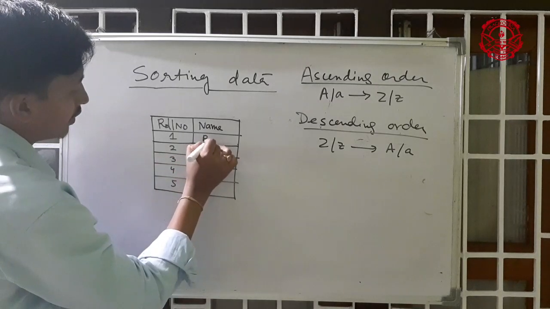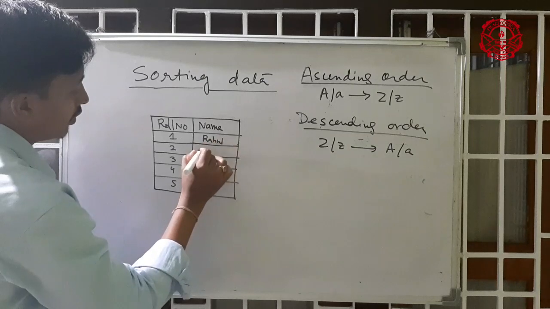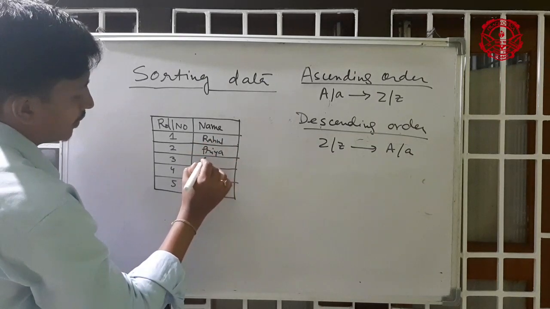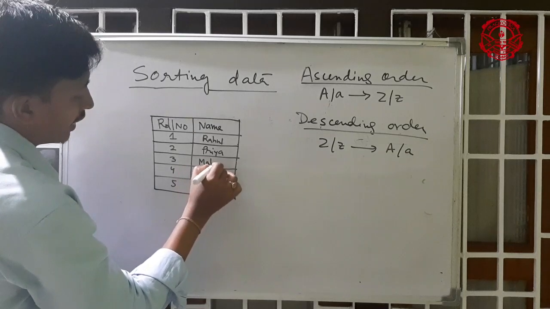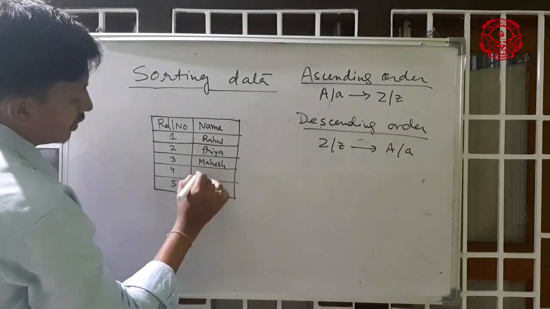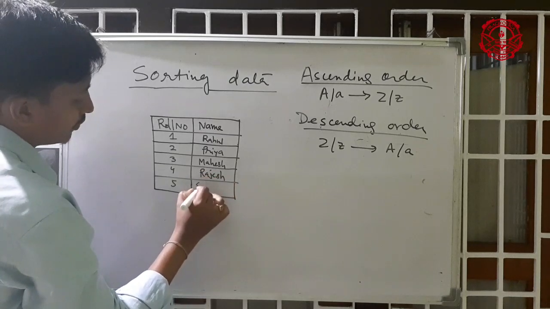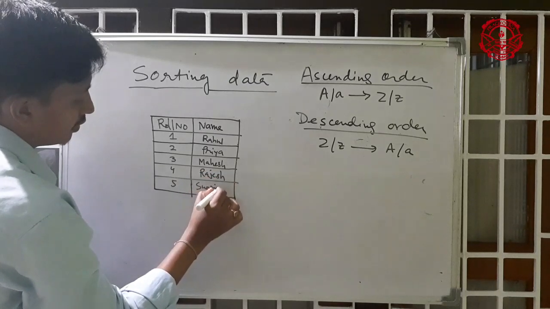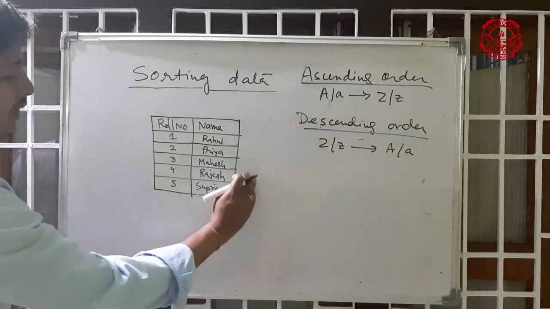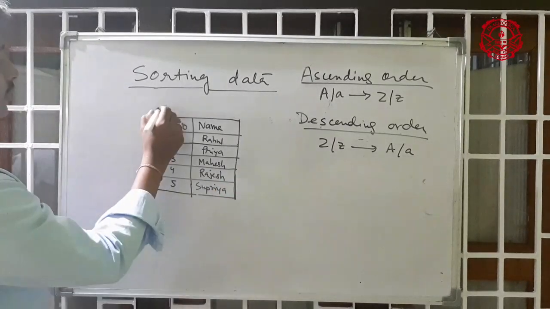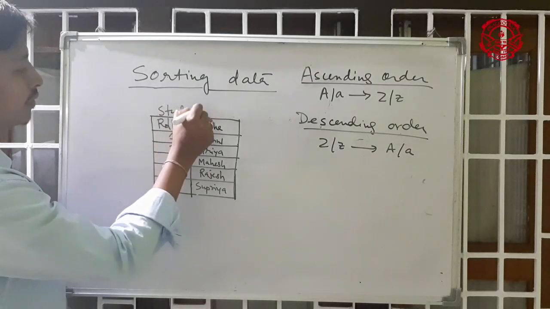Say the names Rahul, Priya, Mahesh, Rajesh, Supriya. Okay, this is the table. It is called the student table.